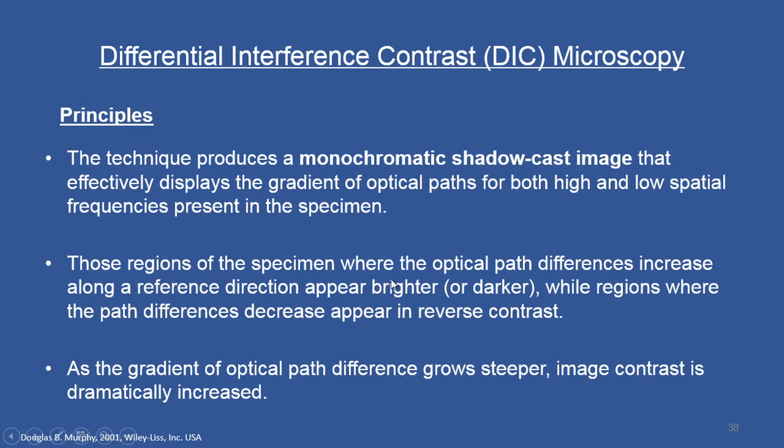Those regions of the specimen where the optical path differences increase along a reference direction appear brighter or darker, while regions where the path differences decrease appear in reverse contrast. As the gradient of the optical path difference grows steeper, image contrast is dramatically increased.